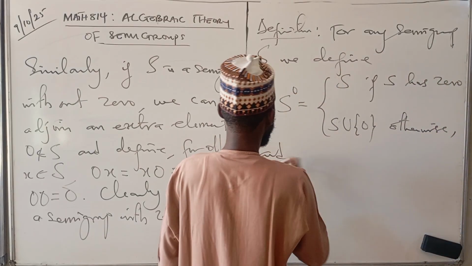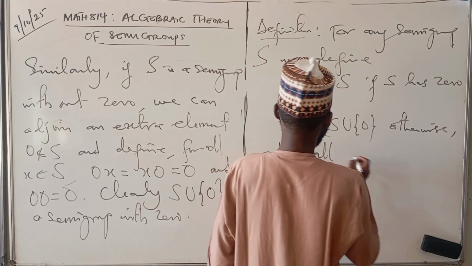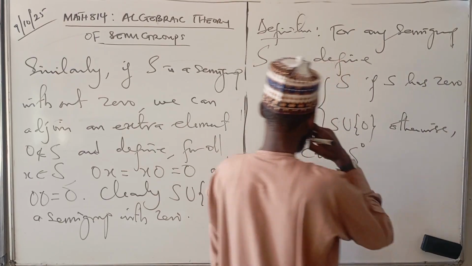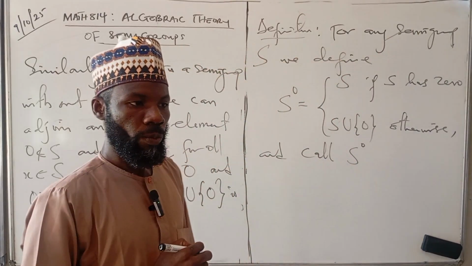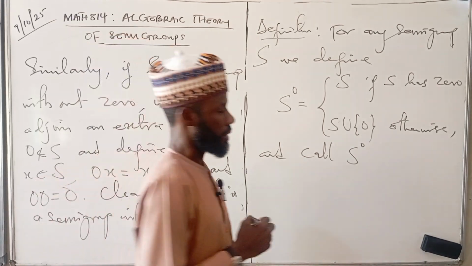Okay? And what we do is to call this a semigroup with 0 adjoined if necessary.